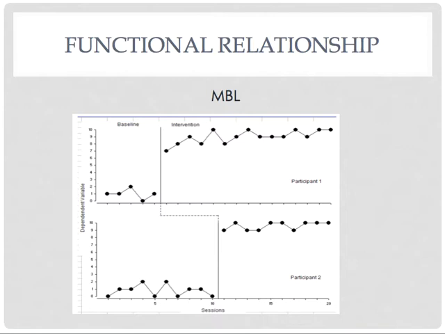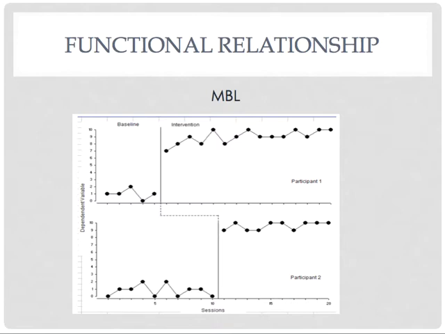So in the first participant, let's see, we have 0 to 2. So our behavior is at a frequency of 0 to 2. But then when intervention was implemented, when the participant was given the treatment, it increased to, let's see, that looks like 6 to 10, it increased.